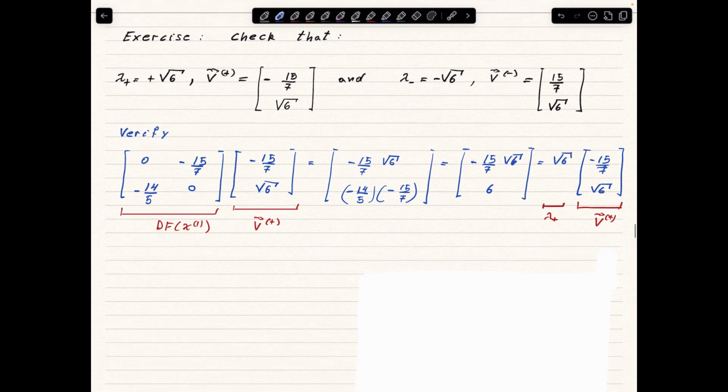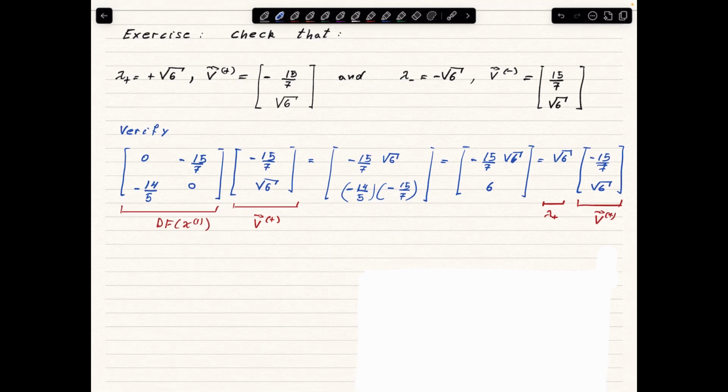So now we need to study the solutions of the linear system u prime equals, now we have this coefficient matrix 0, negative 15/7, negative 14/5, 0, and we have the eigenvalues and eigenvectors.